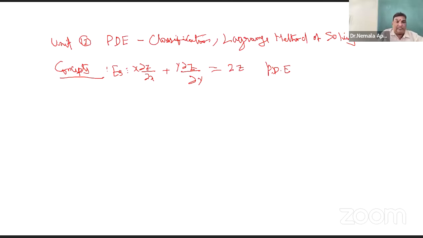Formation of partial differential equation. PDE means partial differential equations.